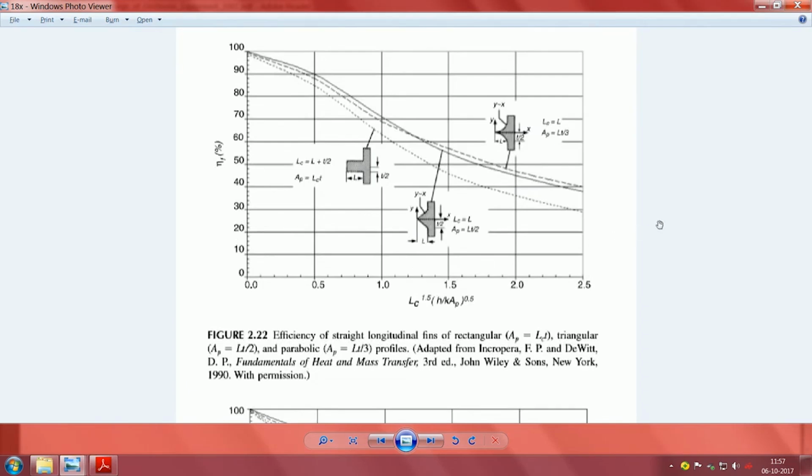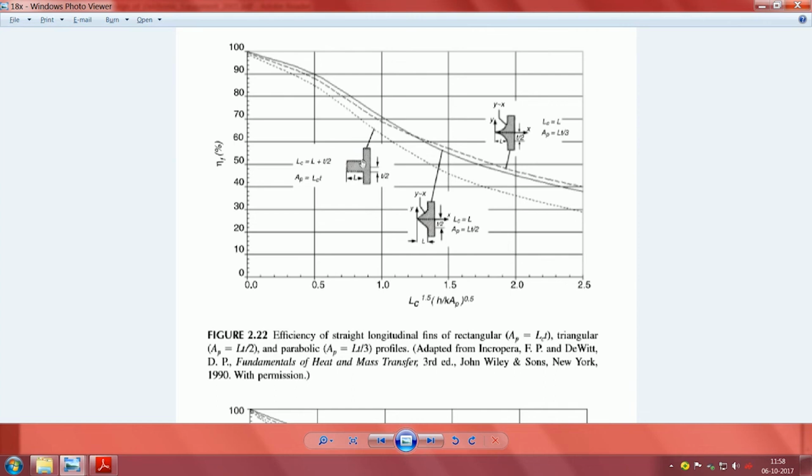So, this is what I was talking about, the efficiency of straight longitudinal fins of rectangular, triangular, and so on. As the length increases, how well do those things operate? This looks a little obvious. You see here the moment you go here, because of this cross section, the efficiency has already gone up.